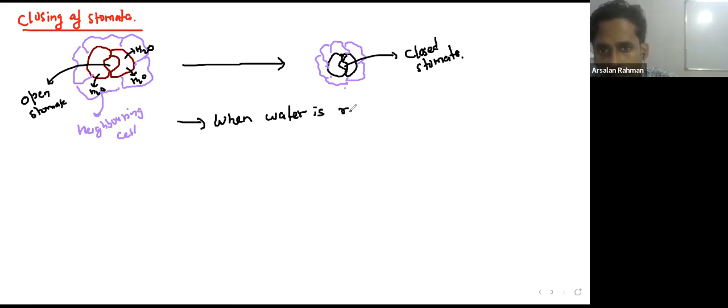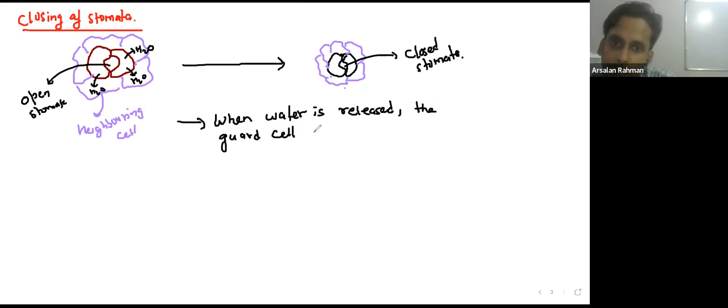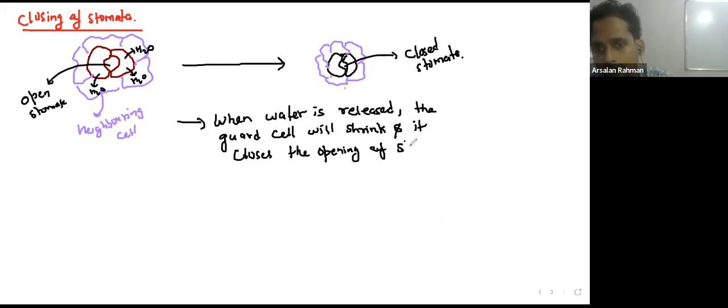When water is released, the guard cell will shrink, and it closes the opening of the stomata. Please copy this. Then we will move to one very interesting new topic, the human digestive system.